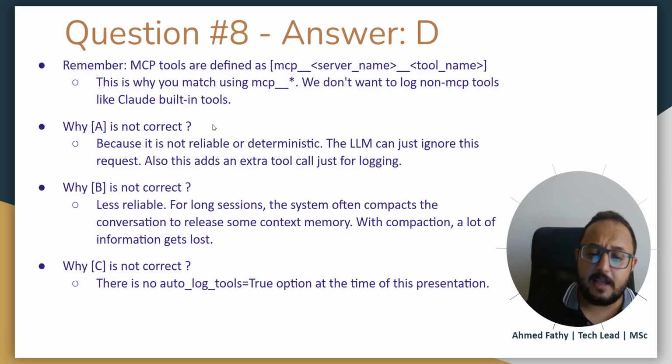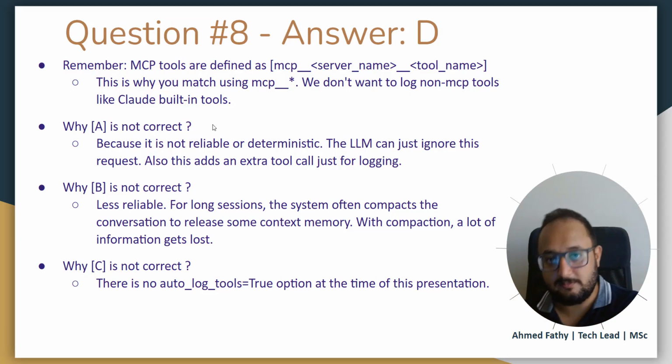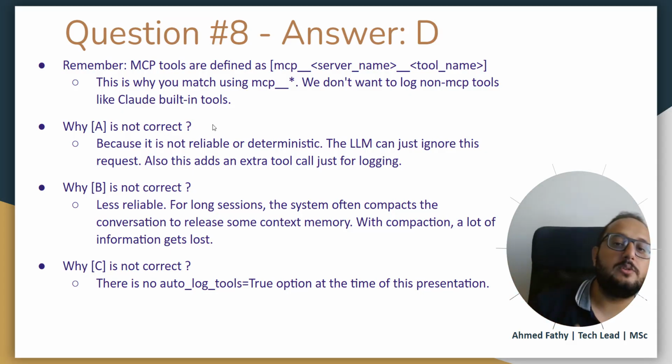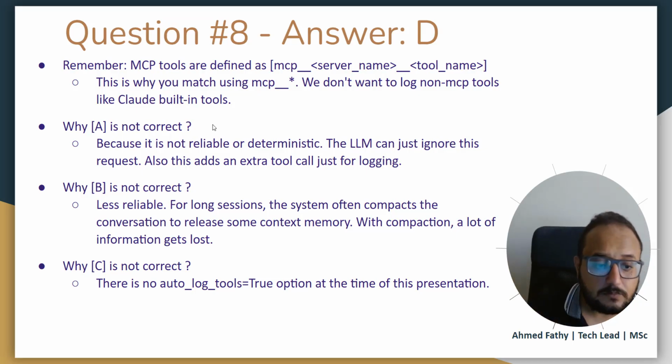And also this adds an extra tool call. So now you will have a tool call to do the actual MCP server tool call, and you have another tool call just to log. However, if you use a hook, it's not a separate tool call, it's just a function or a hook that runs before the MCP tool call.